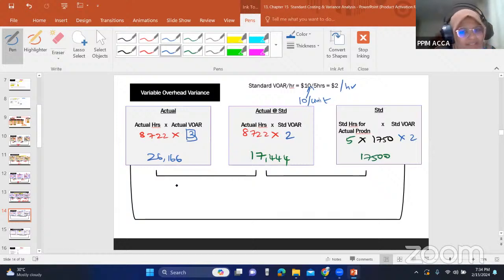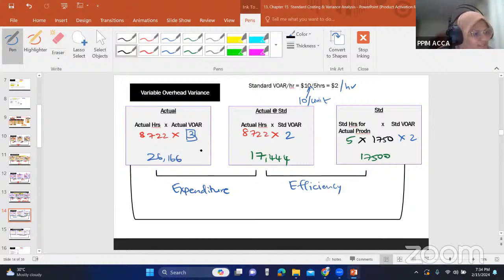This is called the expenditure variance, and this is called the efficiency variance.